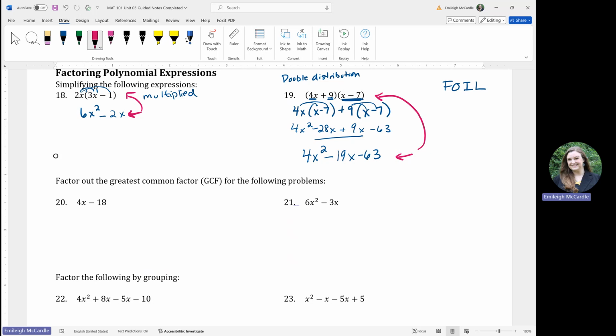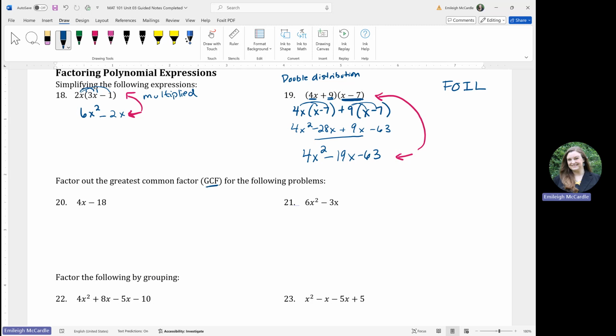So in 18, the original problem was parentheses. That's the answer we would be getting. On 19, original problem had parentheses. That would be the answer we're trying to go for. Okay. Now we're going to take this in pieces so that we build up to it. So we want to do what's called the greatest common factor and find that and factor it out for 20 and 21. Let's talk about the GCF, or the greatest common factor.